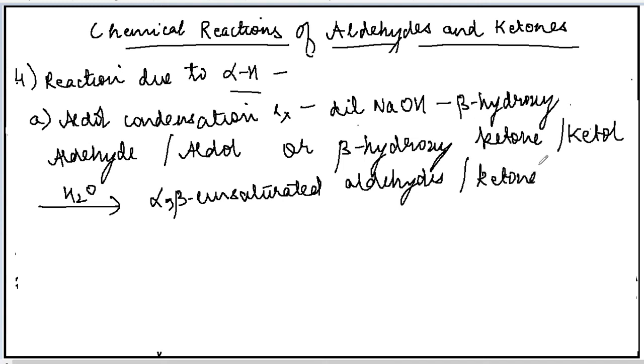I'm going to show you the reaction in the slide, but the basic thing that will happen is that the aldehydes and ketones will undergo reaction in the presence of sodium hydroxide to give the beta hydroxy aldehyde, that is aldol, or beta hydroxy ketone, ketol, and that further loses the water molecule to give alpha beta unsaturated aldehydes.